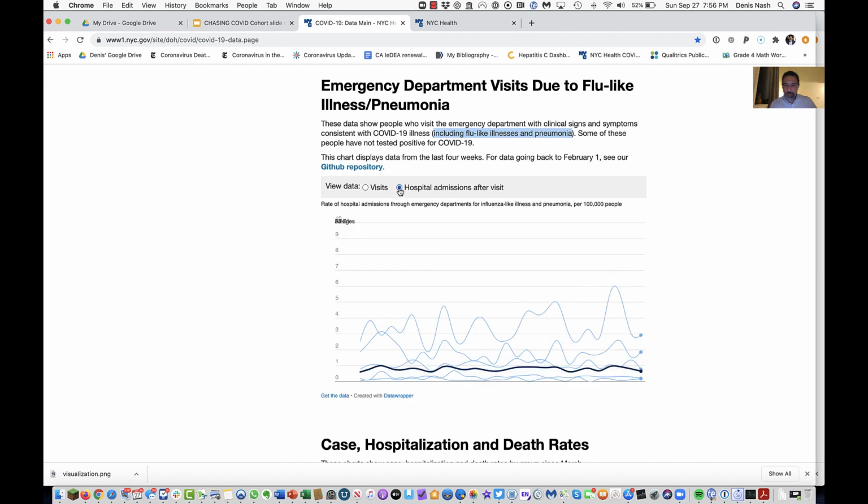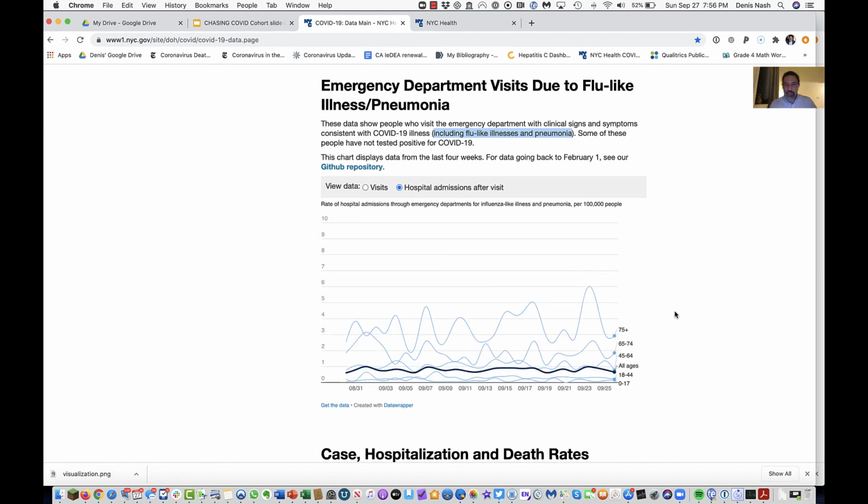And you can look at not just emergency department visits, but hospital admissions that follow from those emergency department visits. And this is one of the indicators that I follow the most over time, because I think it really is a reflection of what's going on with community transmission.